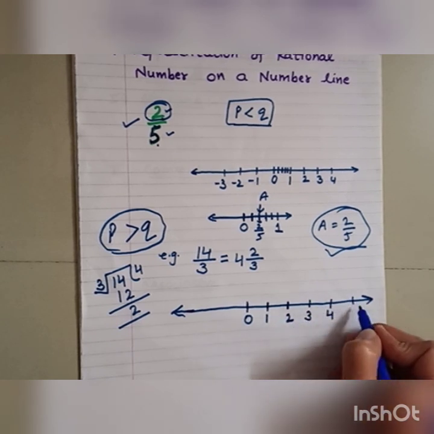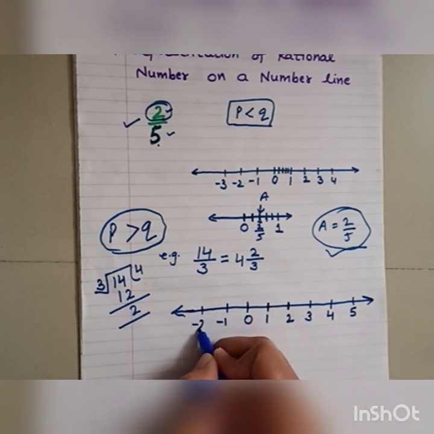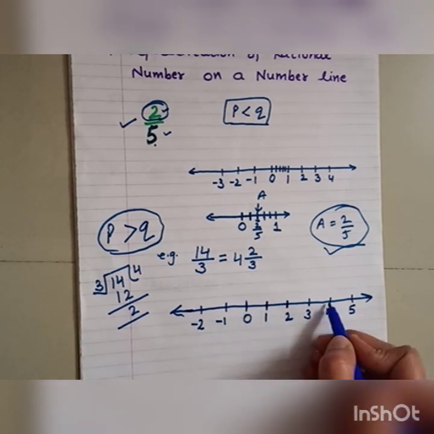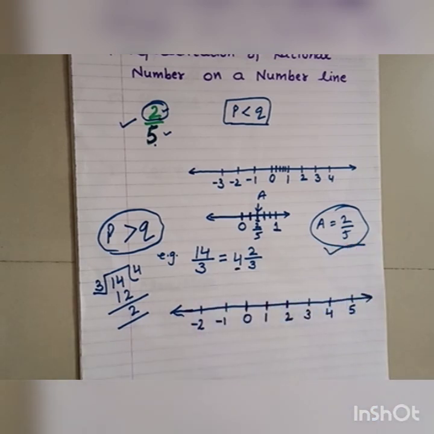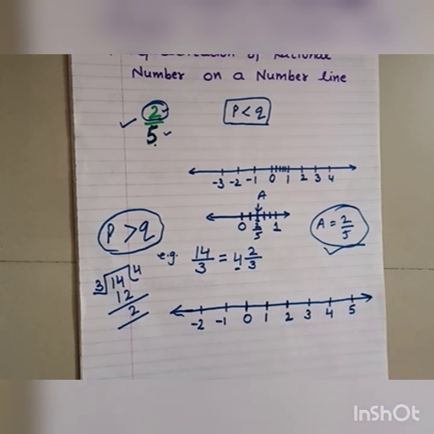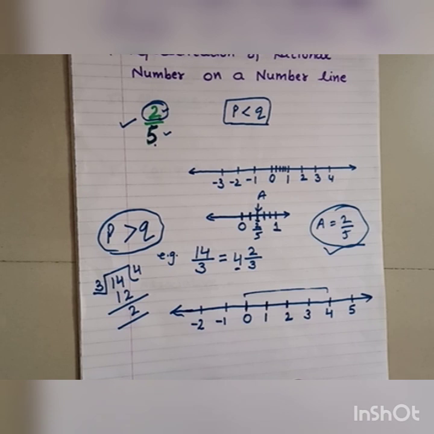Like this way you have to write. On the negative side you can write only 2 or 3 values also. Okay. Now 0 to 4, take 0 to 4 full length because 4. After 4, from 4 to 5, we need only 2 parts. So up to 4 we take the full length.